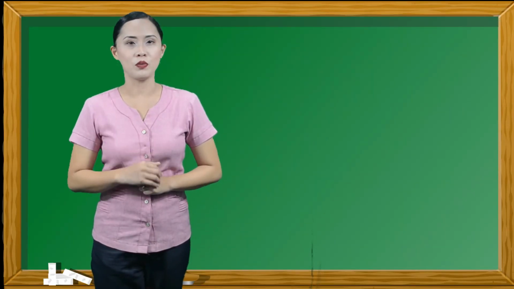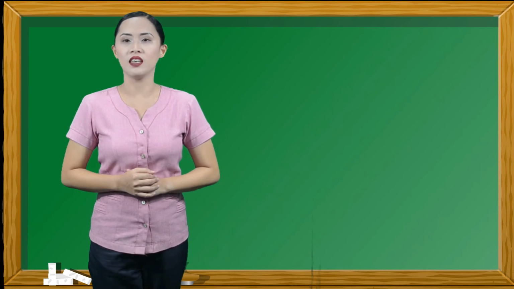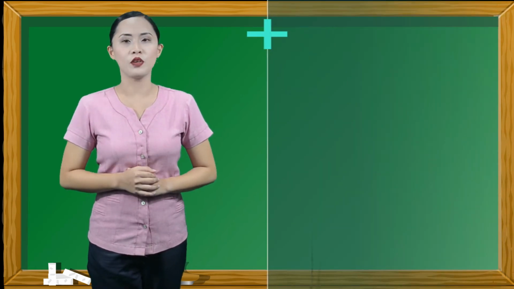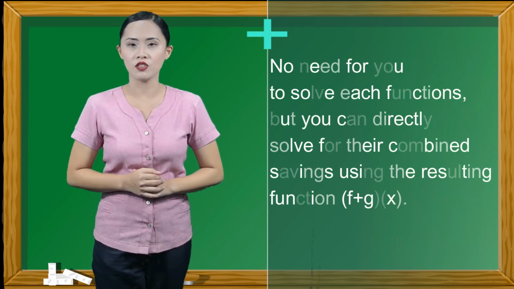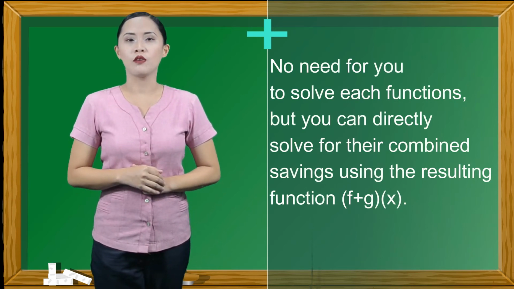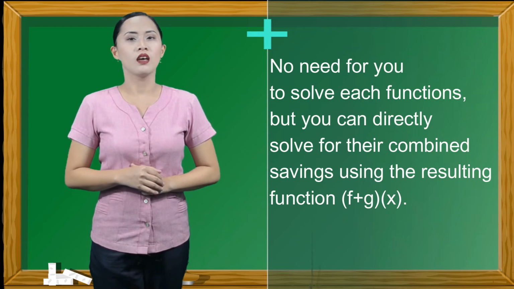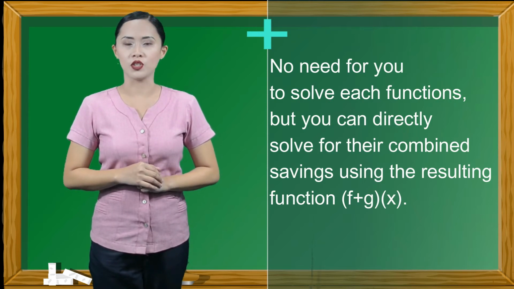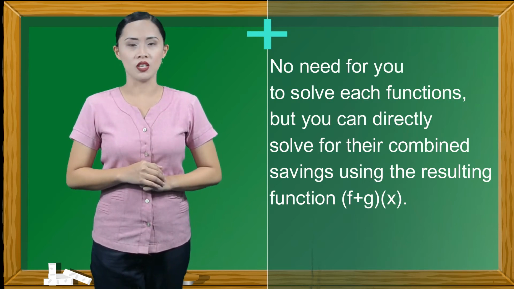The next time you will be asked for their combined savings, no need for you to solve each function, but you can directly solve for their combined savings using the resulting function f plus g of x.